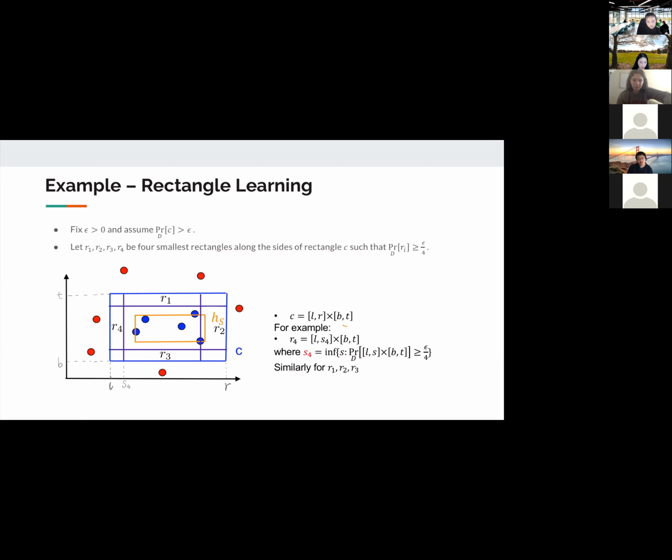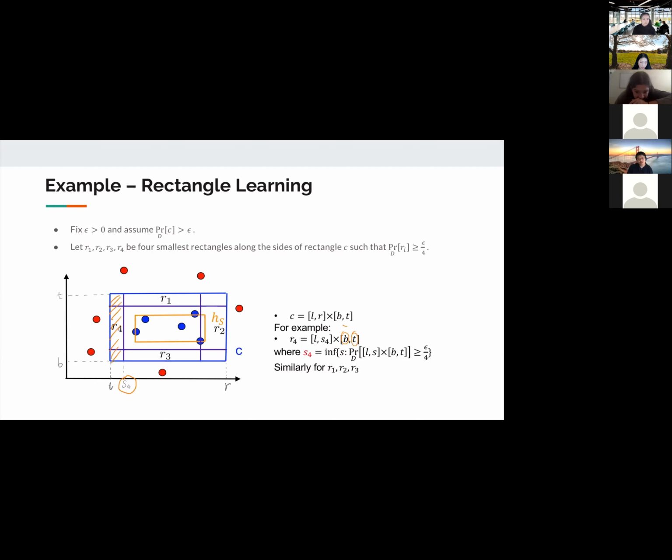Using this notation, you can write R4, this rectangle here, as having the left boundary L, the same as the left boundary of the rectangle C, and the right boundary now S4, with the bottom being B and top being T. This is the rectangle along the left side of the rectangle C. So you can define your R4 this way.